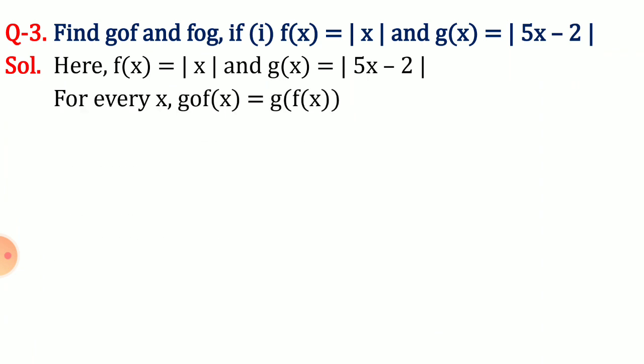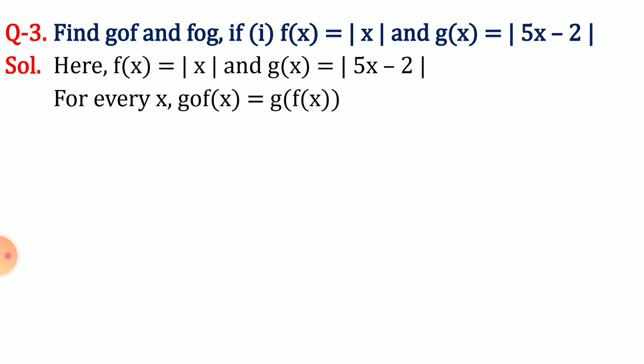Next, question number 3. Find g composition f and f composition g if first f(x) = |x| and g(x) = |5x − 2|.